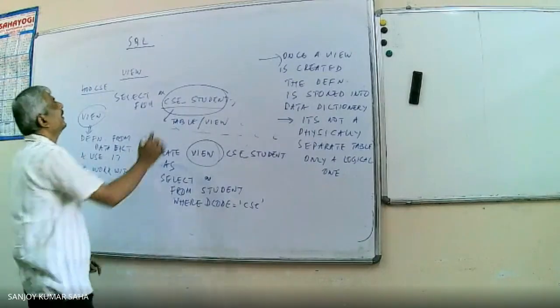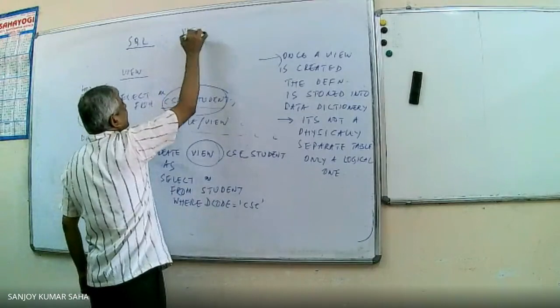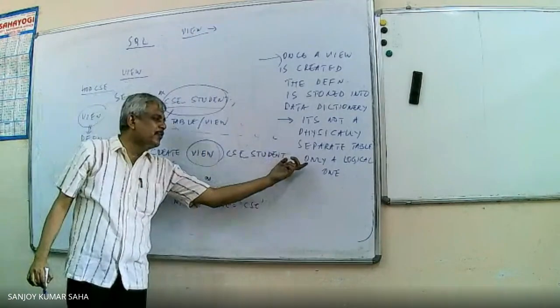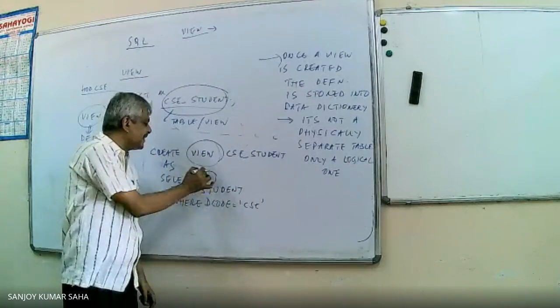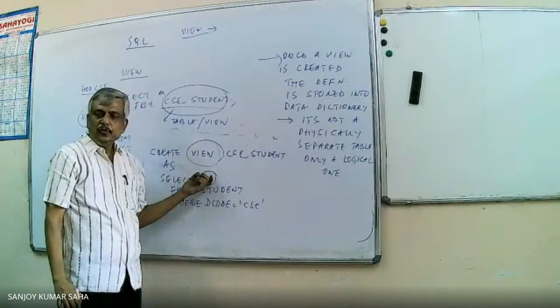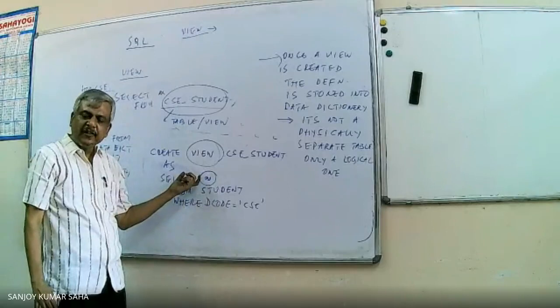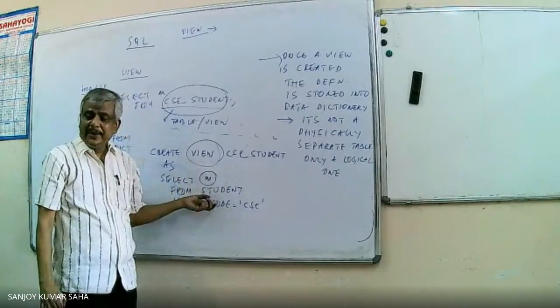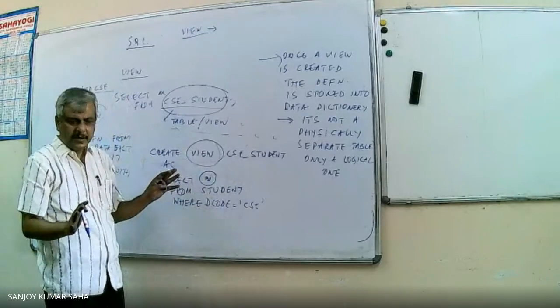Now, if the view, say it is, okay, again it's not necessary that I have to select everything. We can use any kind of expression here, or you can make summary information, whatever you like.